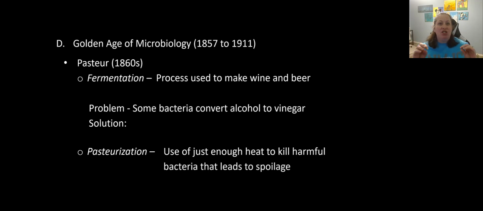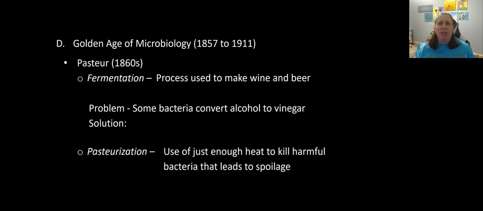Pasteurization uses just enough heat to kill the harmful bacteria that leads to the spoilage, that leads to creating the vinegar, but still leaves behind the stuff we want, and it doesn't degrade the beer, the wine, the milk, whatever it is, so that it doesn't spoil as easily.